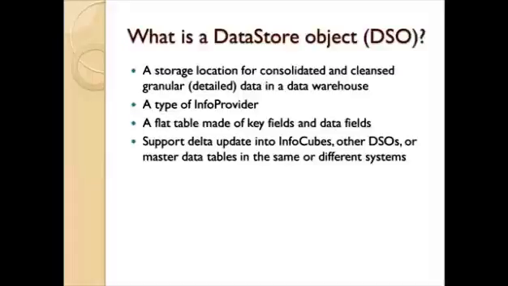So a regular table made of key fields and data fields. Finally, they support delta updates into info cubes, other DSOs, or master data tables in the same system or in different systems. So once data is stored in a DSO, it can be further uploaded to other objects.